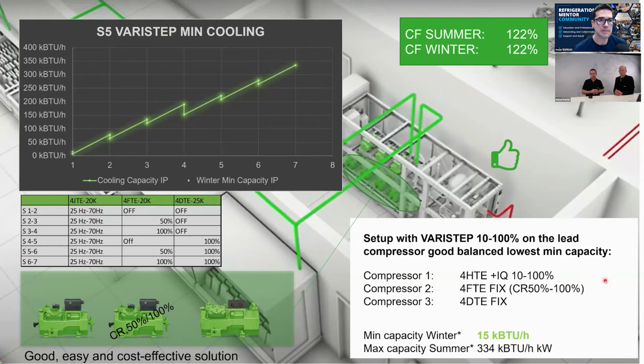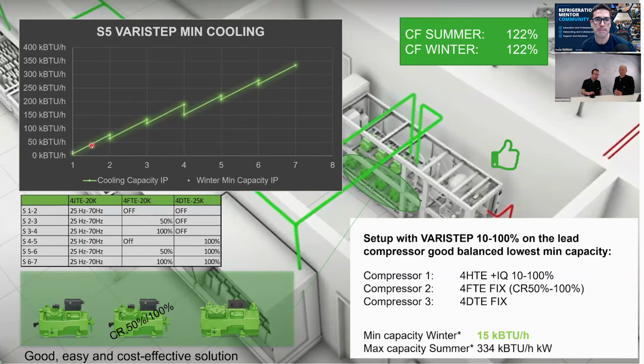Our recommendation is a little bit similar to the variable speed drive. And I see I have one issue on the slide. Here should be the HTE and 10 to 100%, followed by an FTE with 50 to 100% and for DTE 100%. You can go down to 50 kBTU.